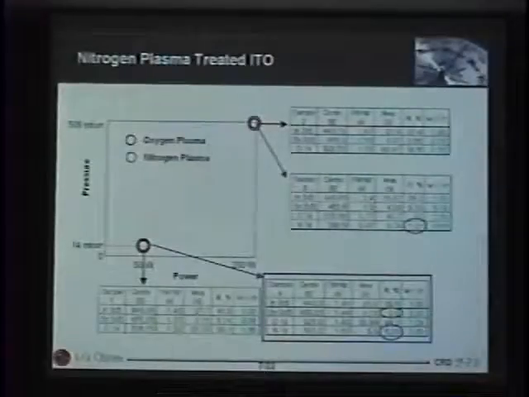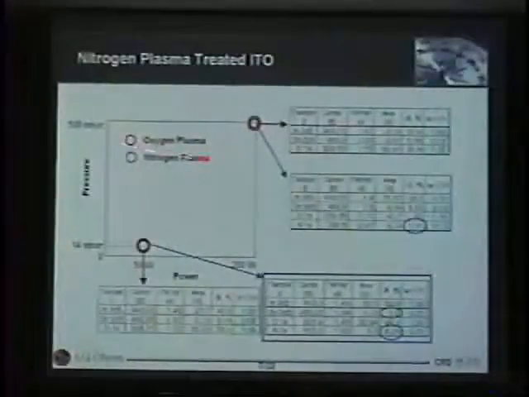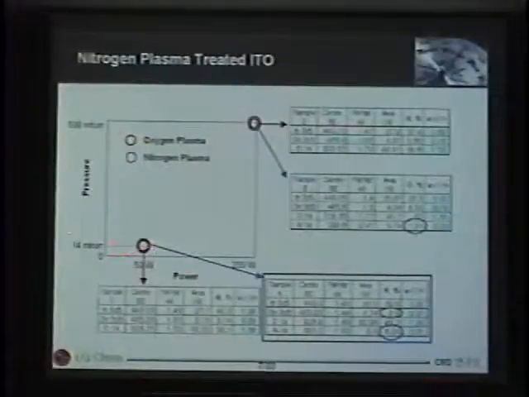So we checked the surface of the ITO after we treated it in various kinds of plasma cleaning conditions. We used oxygen plasma and nitrogen plasma, at low power and low gas flow, and at high power and high gas flow.